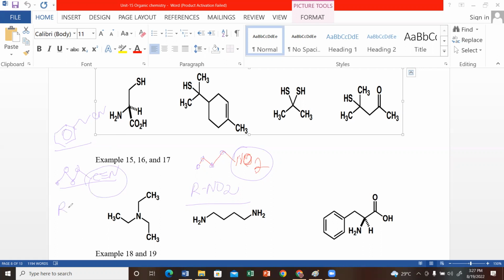So it is RCN, and the name is nitrile. Again, the first group is arene, and after arene there is alkyl, and then CN. So both of these groups, CN, either in closed form or in open form, are nitriles. Nitrile. Hope you understand this nitrogen containing functional group.